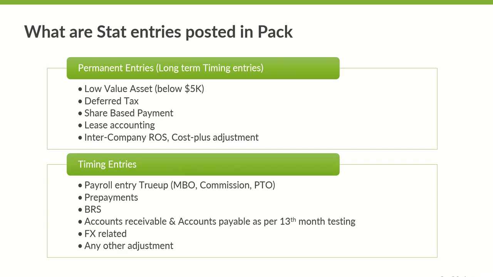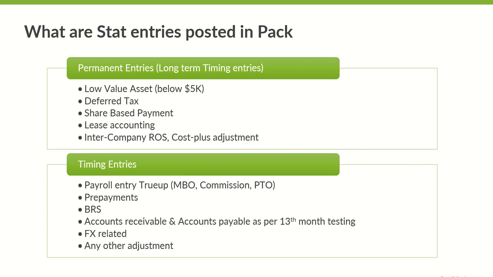As the cost base keeps moving, we have to make sure that our revenue is in line with the markup percentage, and an intercompany cost plus adjustment or an ROS adjustment is posted. ROS is return on sales, and this is applicable for an entity which is a trading entity.